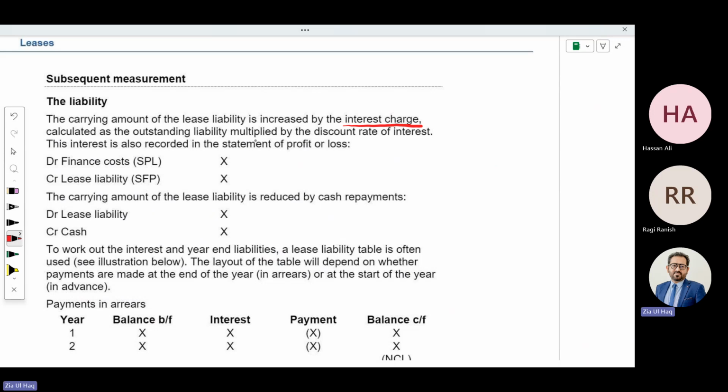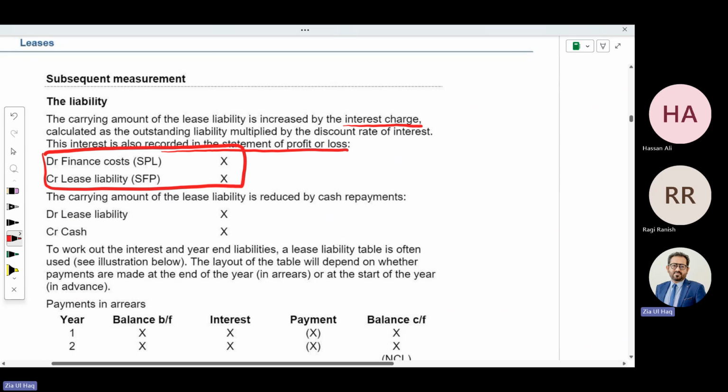Interest is calculated as the outstanding liability multiplied by the discount rate. The interest is also recorded in the statement of profit and loss as an expense. The accounting entry for interest will be: finance cost, meaning interest, debit; lease liability credit, as lease liability is a liability so credit means it will be added. This finance cost will be recorded in the statement of profit and loss as an expense.